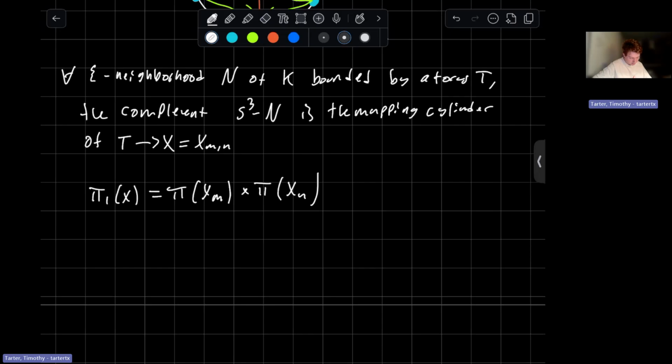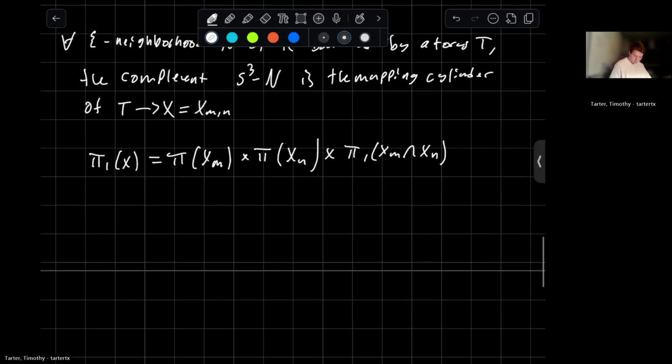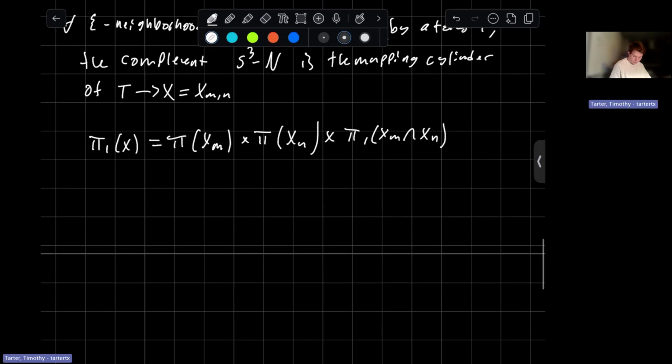Van Kampen's theorem says that pi 1 of X is the quotient of the free group on generators A, B obtained by factoring out the normal subgroup generated by the element. So I guess it is also... No, I think it's mod this.